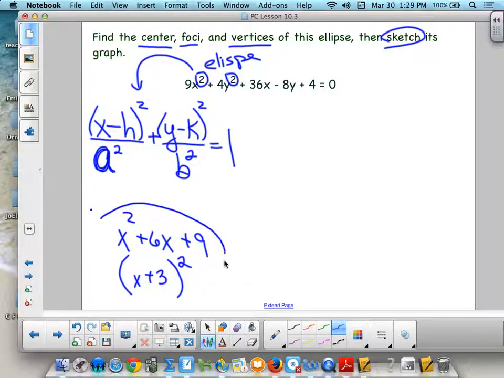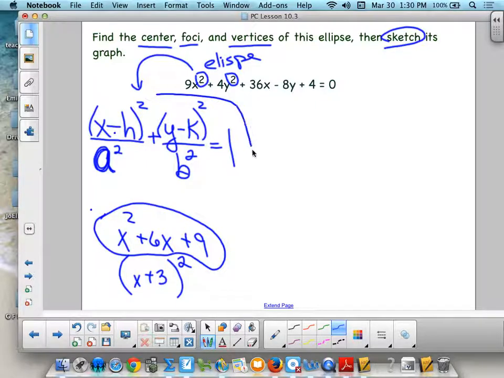This right here is called a perfect trinomial. Your job is to get this to be a perfect trinomial, factor it into this. You get the y's to be a perfect trinomial, factor it into this. So the idea is what Corey said: separate the x's and the y's, and then, complete the square. We're going to complete the square is what we're going to do.